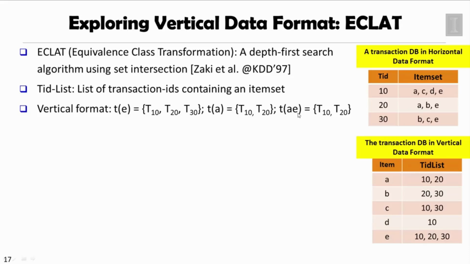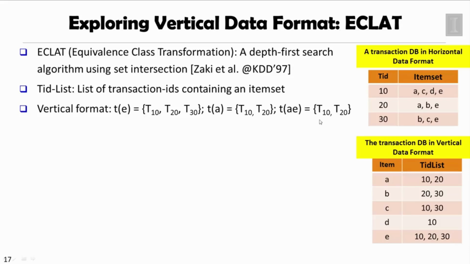Then how to derive AE? You just intersect them together. You intersect this TID list with this one and derive the TID list of this item set AE. If this contains a sufficient number of transactions, like 2, that means AE is frequent.